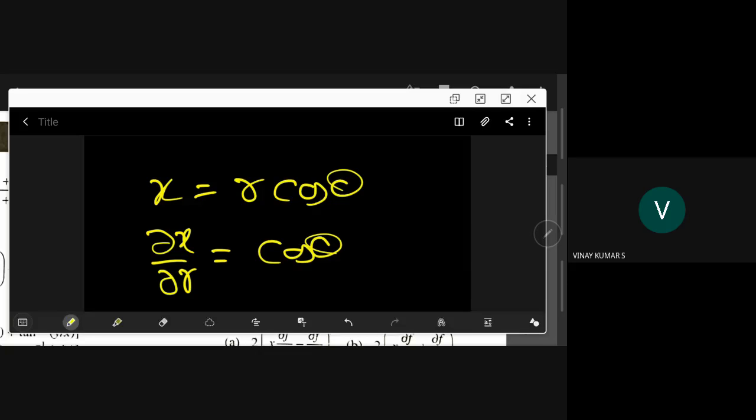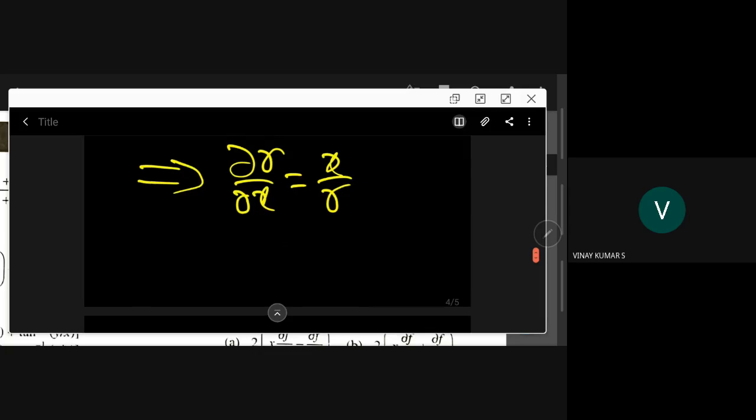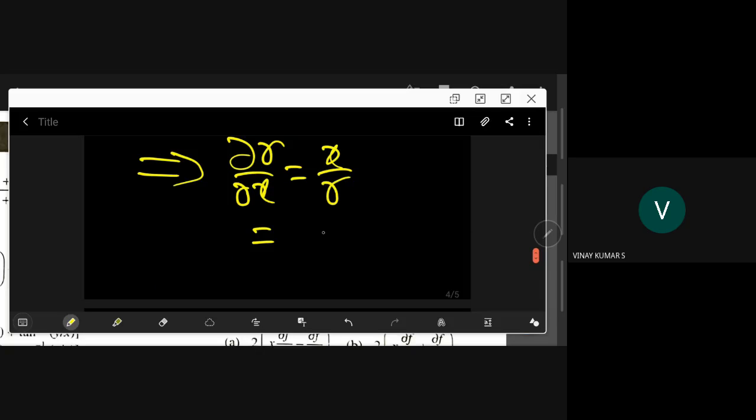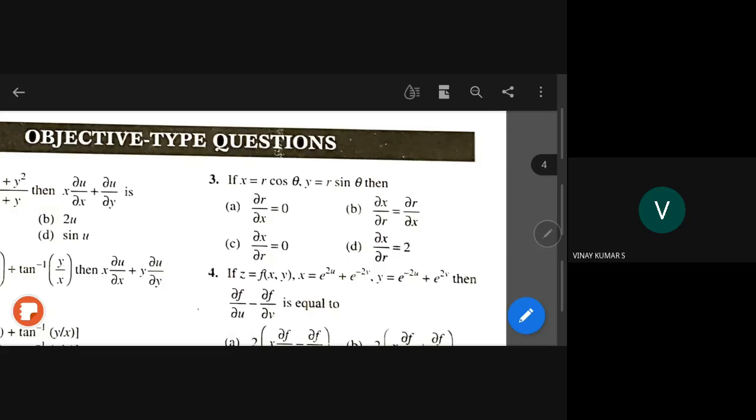How is cos θ equal to x/r? Yes, x/r, x is r cos θ, so it is cos θ. So B is the correct answer, right?